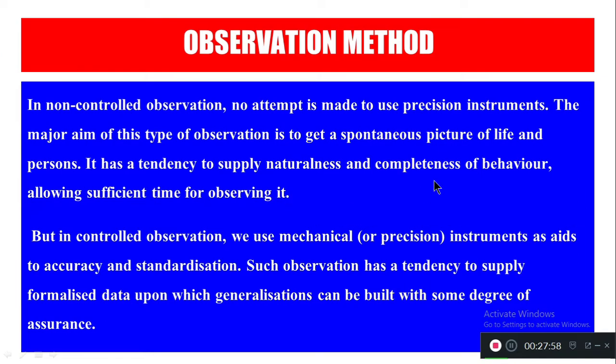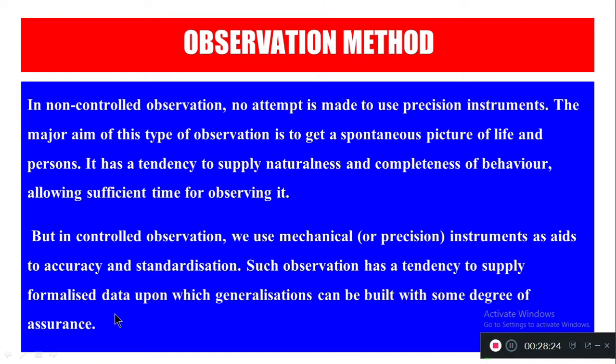Certain things only we can observe; many things we cannot. In controlled observation, we use mechanical devices or instruments to monitor accuracy and standardized information. For example, I use CCTV, and I use a microphone to record your verbal behavior.